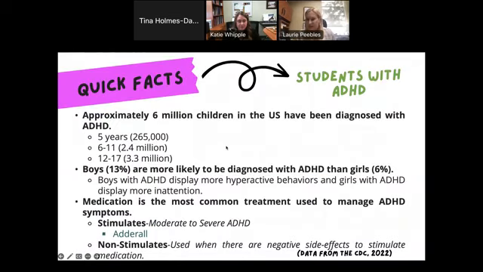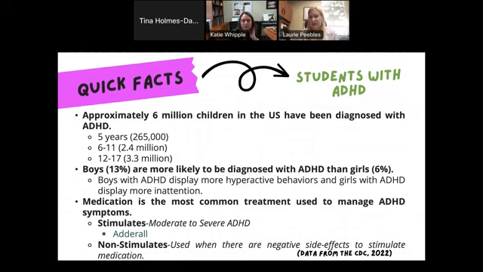So some quick facts about ADHD. Approximately 6 million children in the US have been diagnosed or will be diagnosed with ADHD. Basically 5 years and before, we're seeing about 265,000 kids being diagnosed, and the number increases.